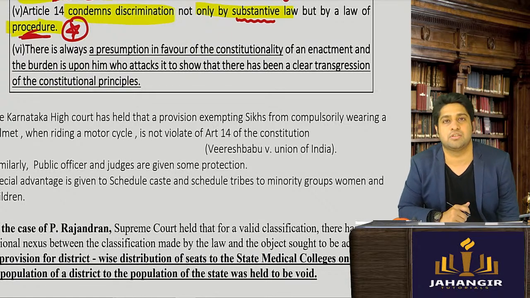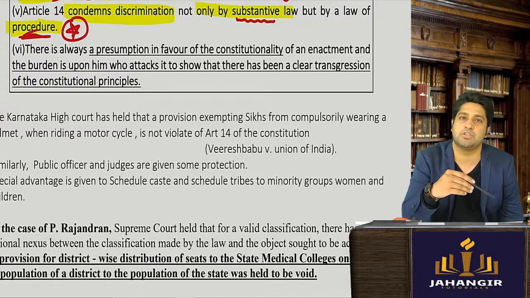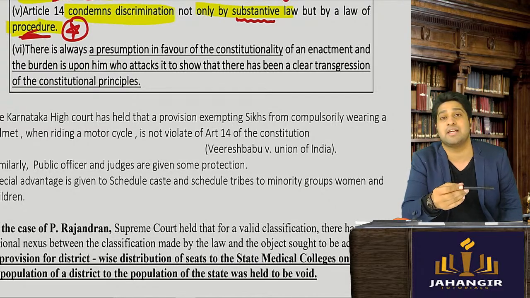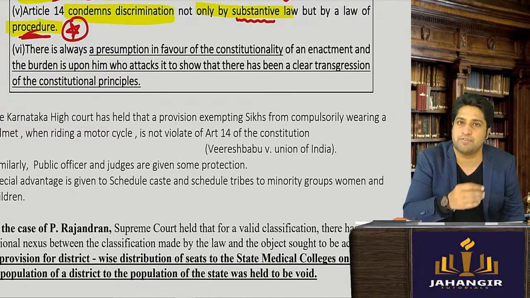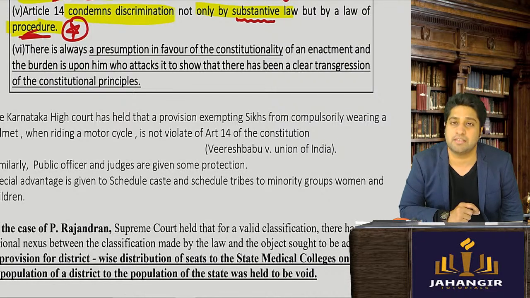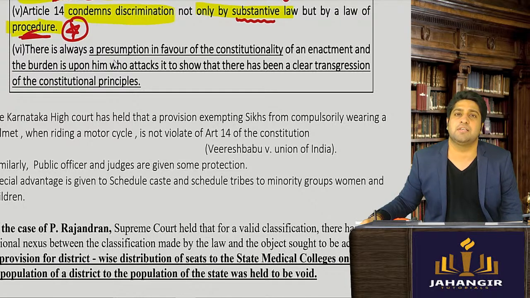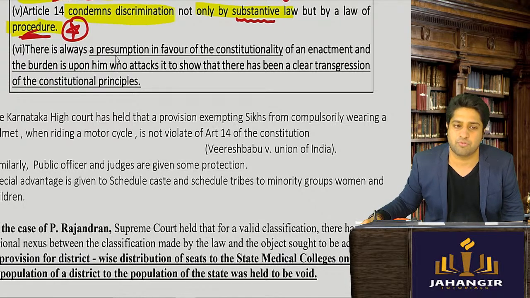if you read the recent judgments in the newspapers, it was highly criticized and challenged, where they were giving some extra reservations to the economically backward class, EBC. But the Supreme Court has upheld it as a reasonable classification under Article 14.